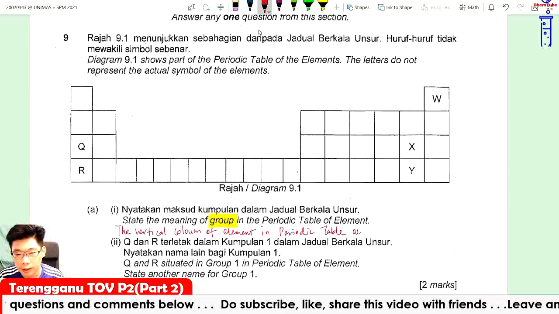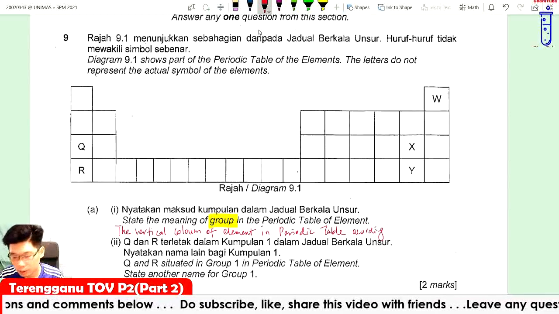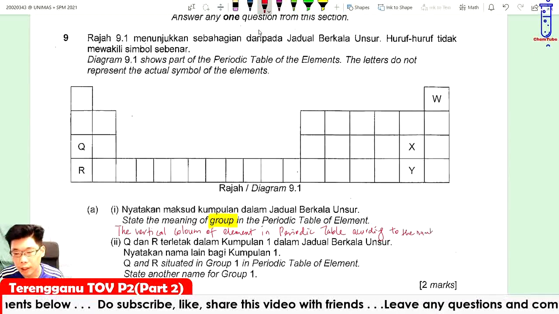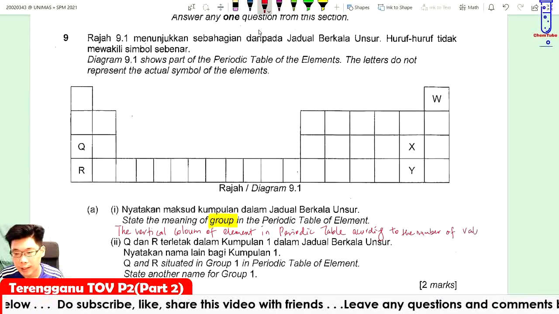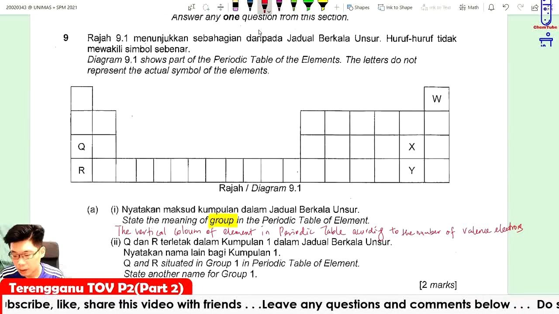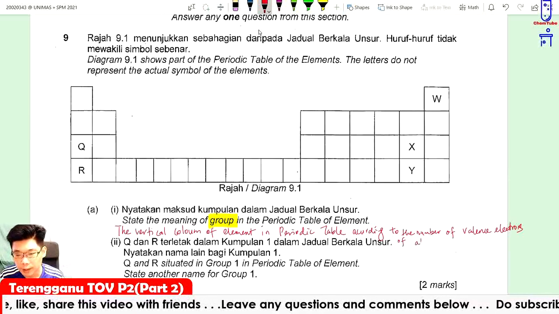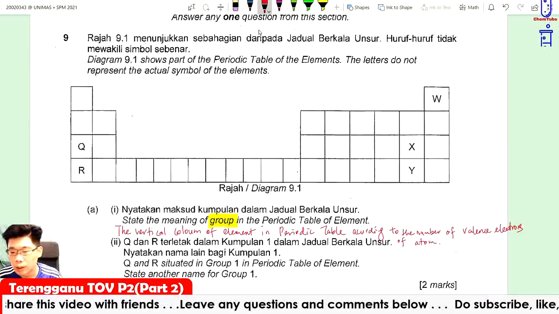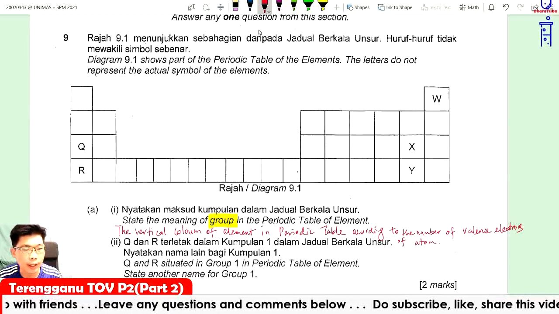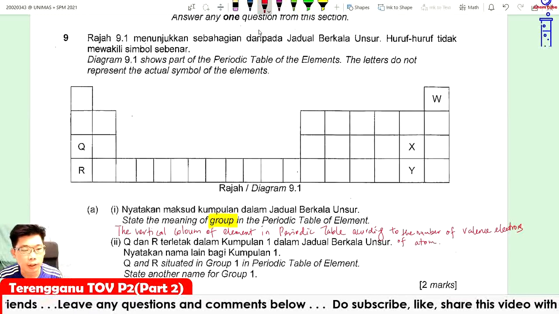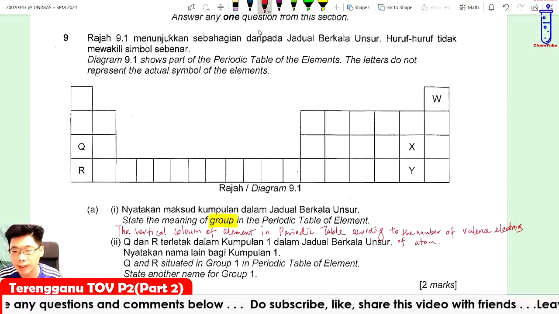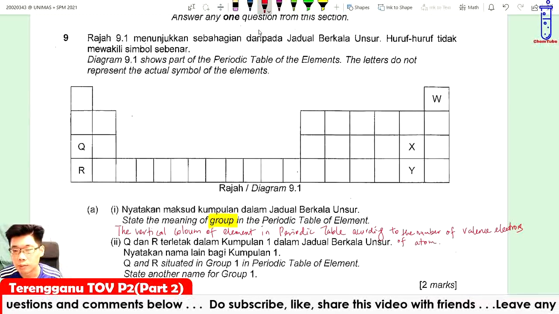According to the number of valence electrons of atoms. So it depends on how many valence electrons it has. For example, Q and R have one valence electron, so they are put in group 1. X and Y have 7 valence electrons, so they are put in group 17.